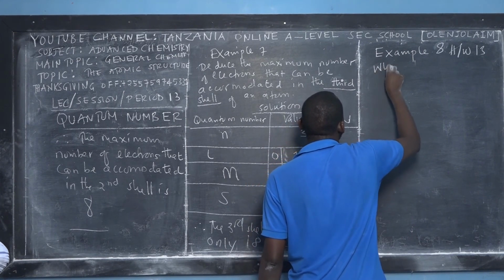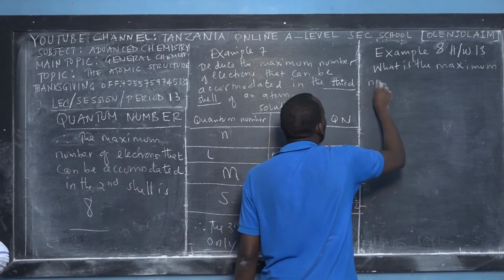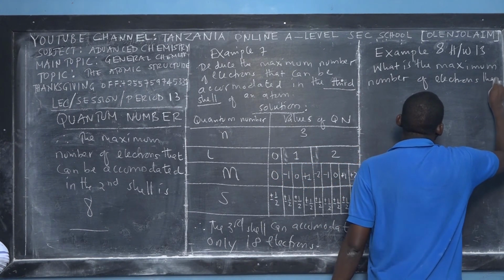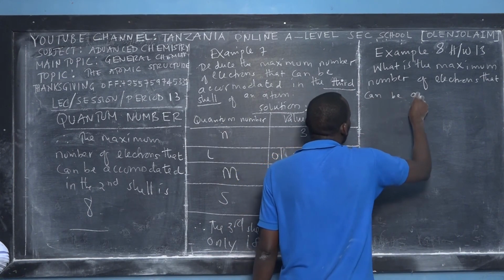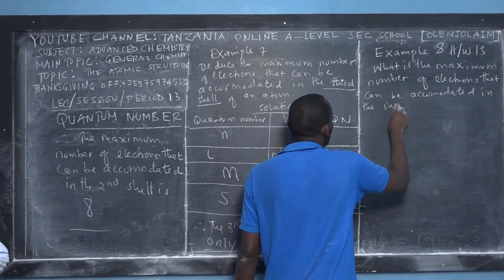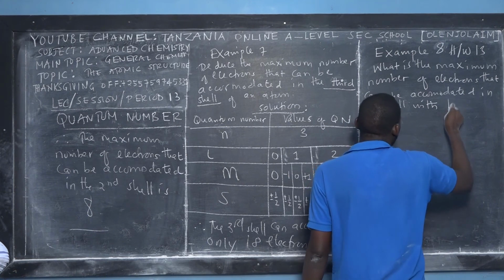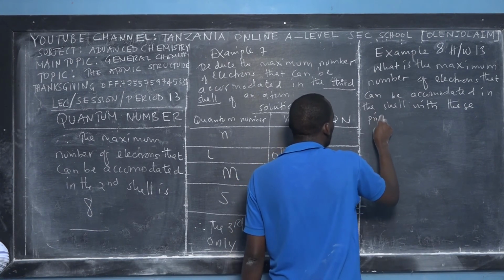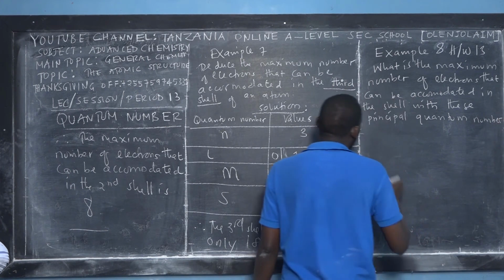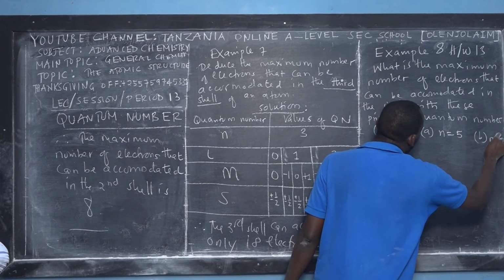What is the maximum number of electrons that can be accommodated in the shell with principal quantum number n of A, n is equal to 5, B, n is equal to 4.